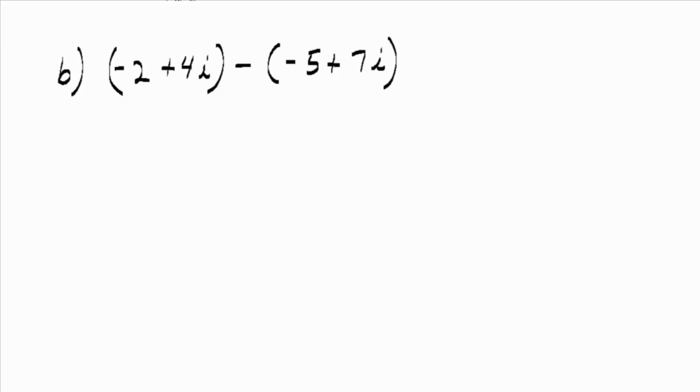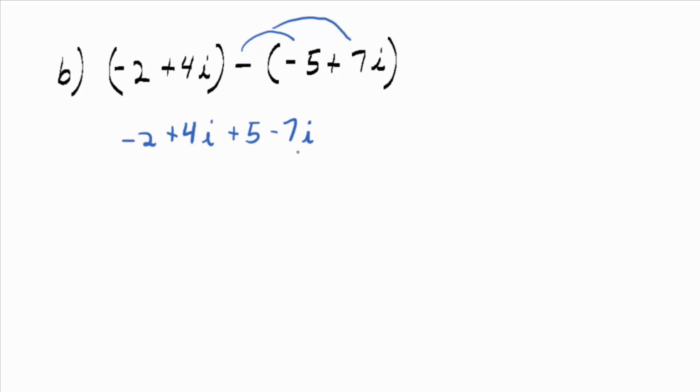Distribution property, yeah. So I can just drop the front set of parentheses, negative 2 plus 4i, but then distribute the minus. What do you get? Plus 5 minus 7i. You've turned it into an addition problem, essentially, and when you subtract 7i, it's adding a negative 7i.